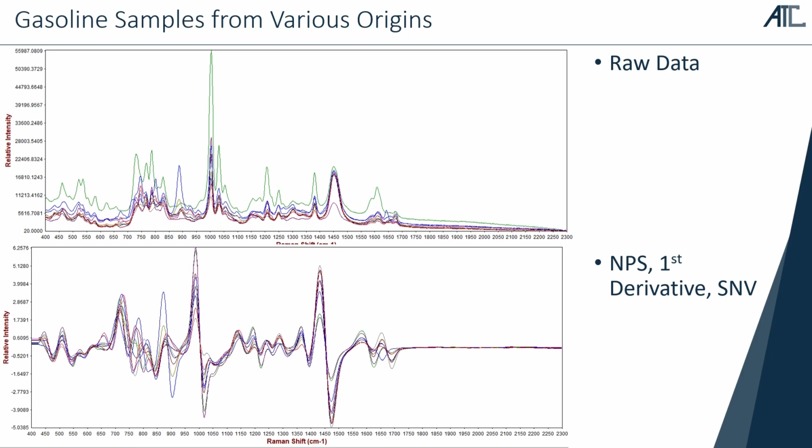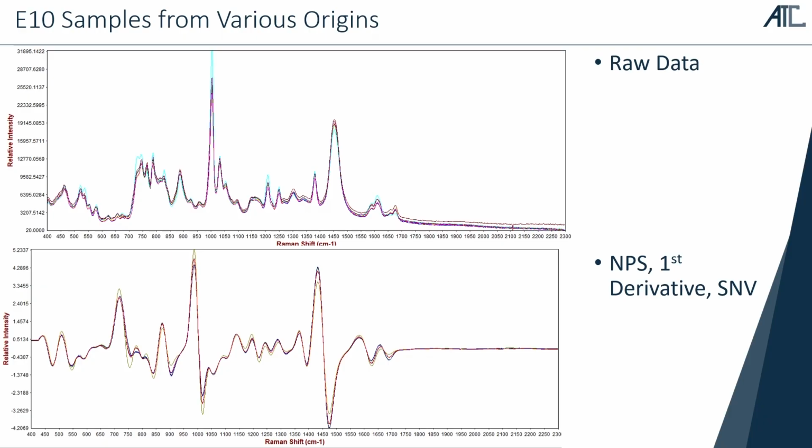It is gasoline of the same grade from various origins. And you see that there is already some spectral variation just depending on where the gasoline comes from. Applying pre-treatments helps us to summarize these data to make them more valuable to the quantitative analysis.